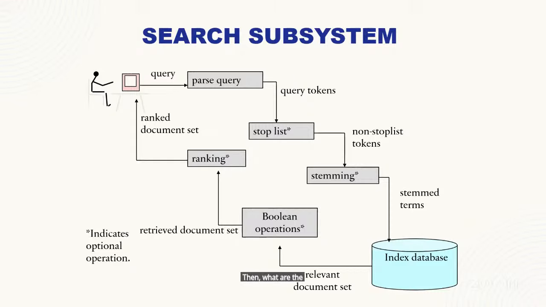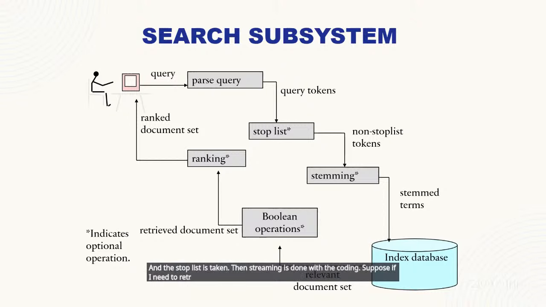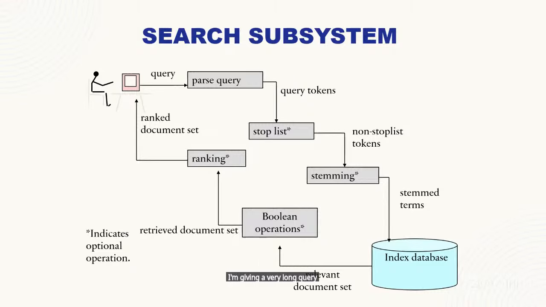How do we search inside a subsystem? You have a query here, and when we pass the query, it is also taken as query tokens, and the stop list is applied. Then stemming is done on the query. Suppose I need to retrieve district names, I'm giving a very long query, retrieve this detail from so and so table which is available in so and so database.